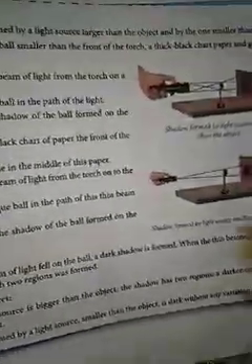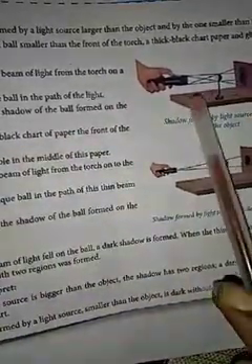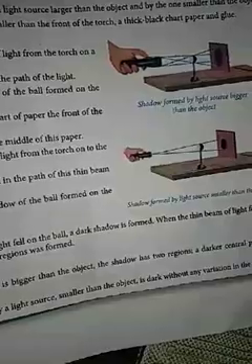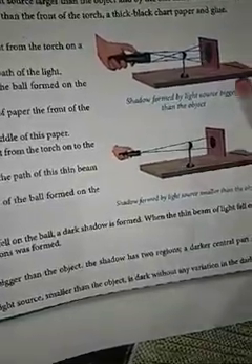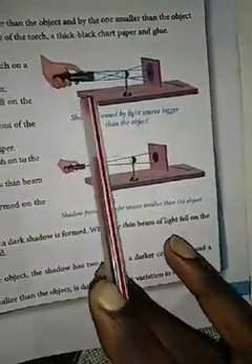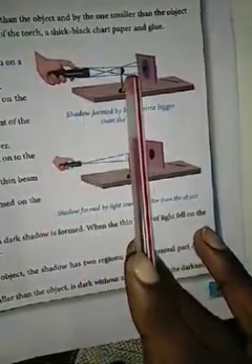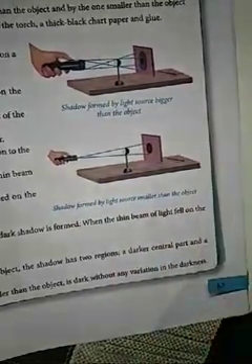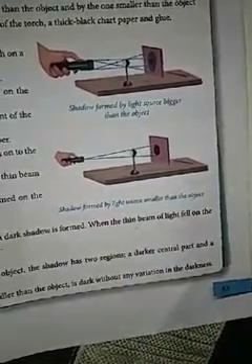Let us perform an activity to show the shadow formed by a light source larger than the object and by a smaller one. You see here the shadow formed by a source of light bigger than the object. So what do you observe?